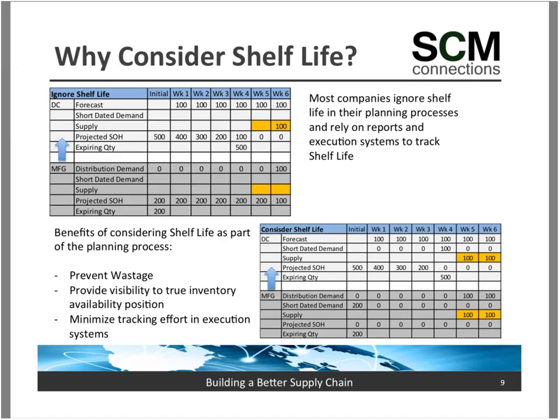If we have this visibility within S&P, then we can prevent this deployment from happening and prevent the creation of these orders, which in turn, from an execution standpoint, would lead to additional work. One is that the order is created. The second is that somebody is going to go out and try to pick and then find out that this inventory really has expired. So we were preventing the additional work from happening as you get down to an execution level. And I'll talk about that some more when we get to the deployment slides.